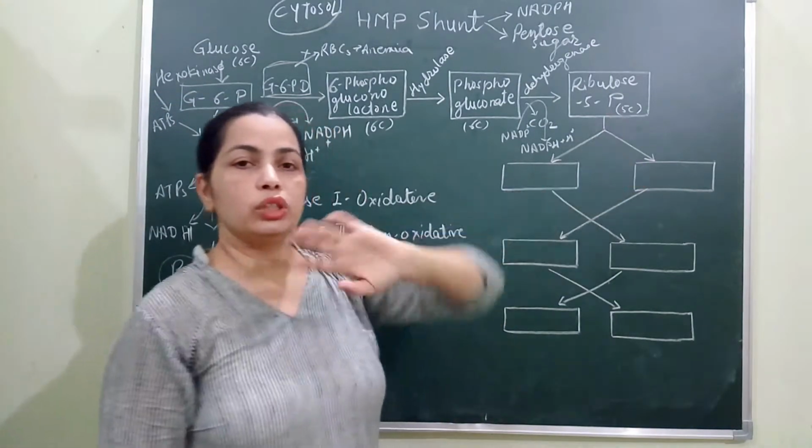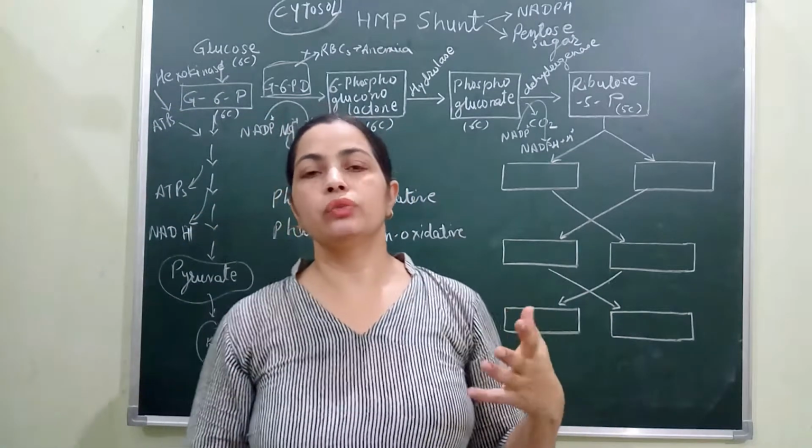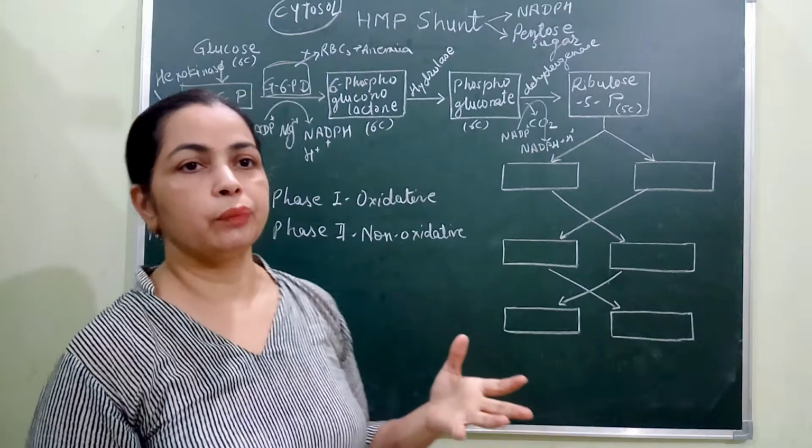So here we have got the first sugar of this hexose monophosphate chain. Now let's see what different sugars are produced in this pathway.